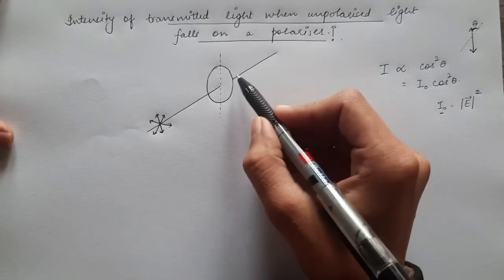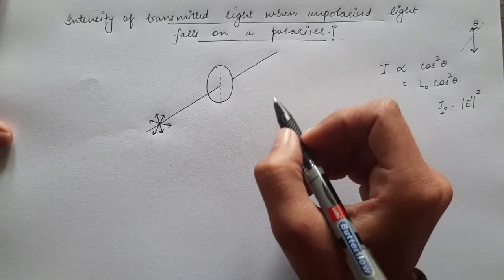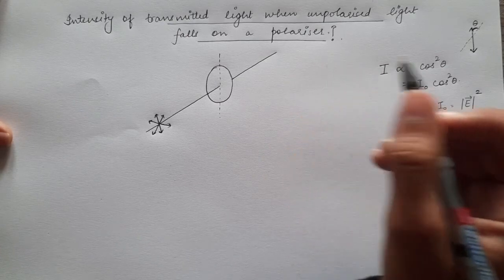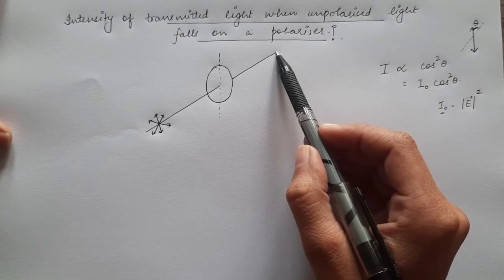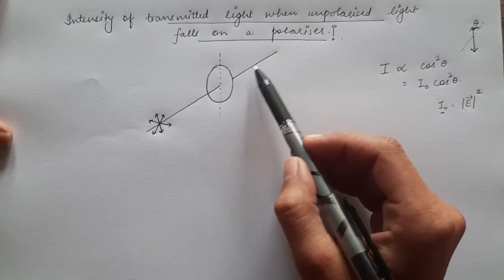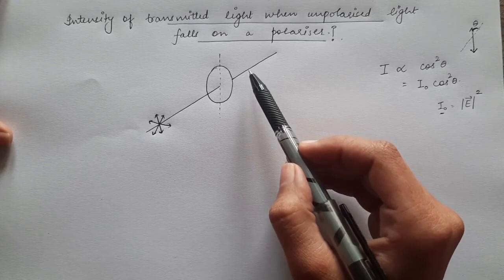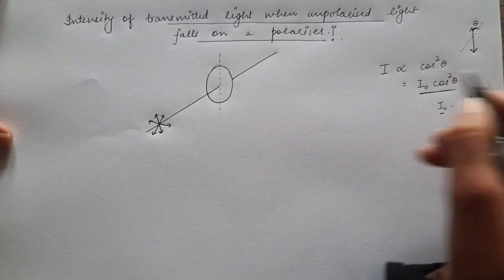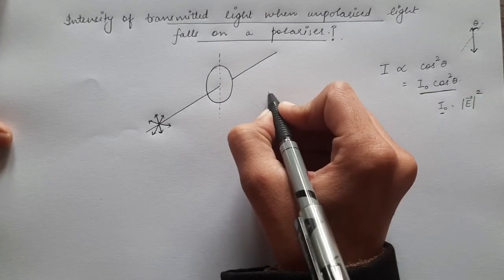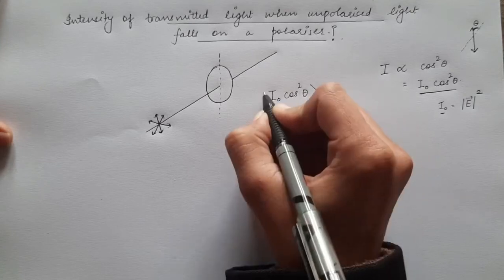So what will be the net intensity of the light which gets transmitted? It will be the average of all those intensities. The net intensity of the light which is transmitted from the polarizer will be the average of the intensity given by this formula. So the net intensity will be the average of I0 cos square theta.